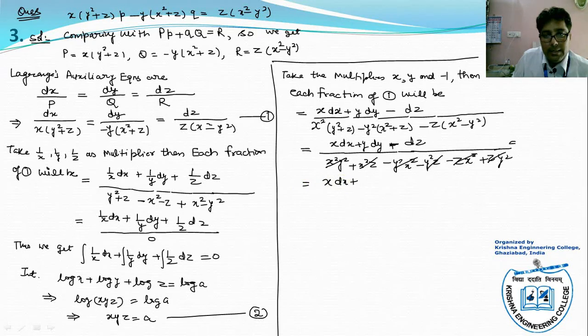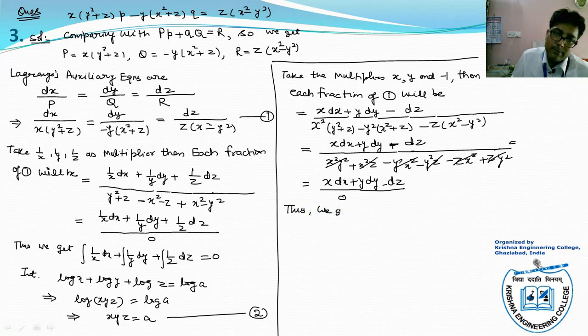So in this case we get x dx plus y dy minus dz upon 0. Thus we get x dx plus y dy minus dz is equal to 0.